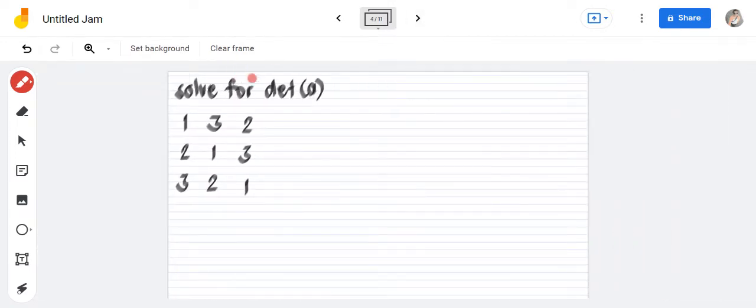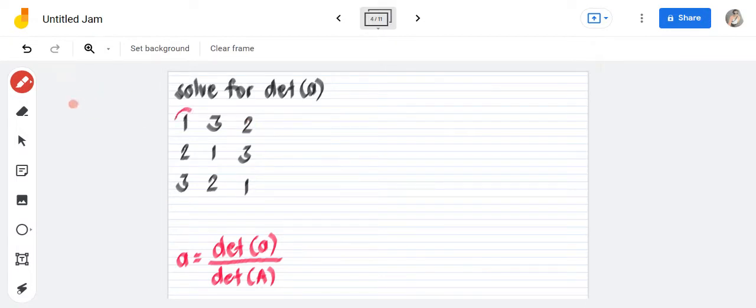So next, we solve for the determinant of a. We can solve for the value of a, which is the determinant of the matrix wherein we substitute the column of a, divided by the determinant of your coefficient matrix.